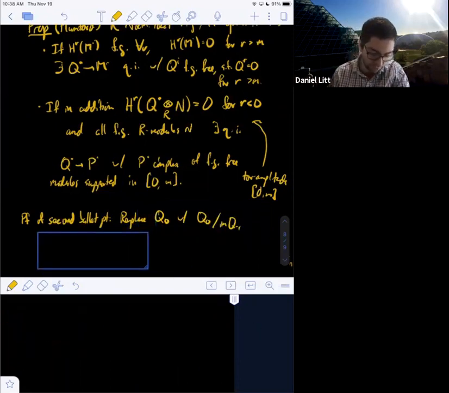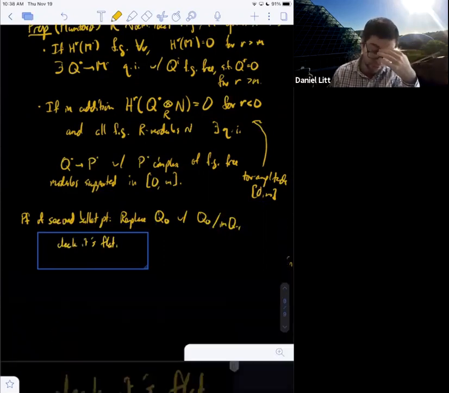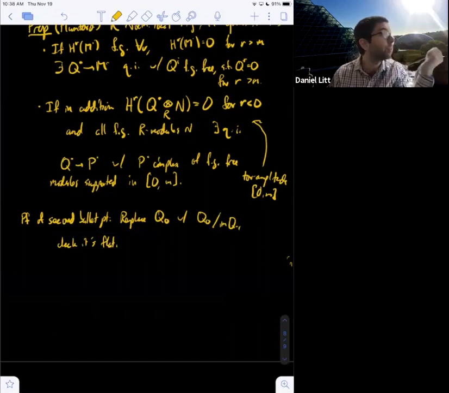You have to check it's flat. So a finitely generated flat module over a local ring is free, or sorry, over a Noetherian local ring is free. Maybe that's actually true of arbitrary local rings. I have to think about it for a second.